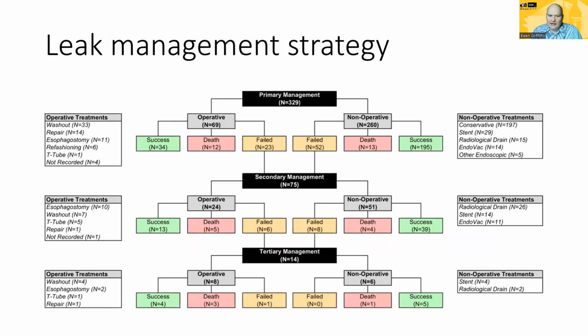We showed that leak management strategy varied, and we looked at primary, secondary, and tertiary management. Luckily, most patients with a leak got adequately treated with their first treatment option, but there were patients that needed secondary treatments, and even tertiary treatments.